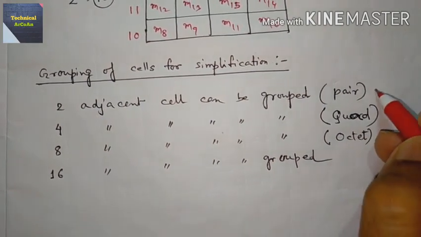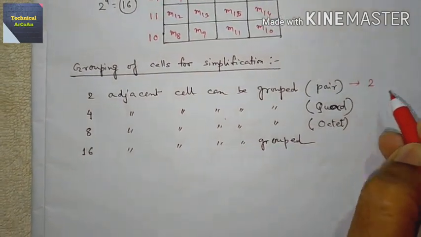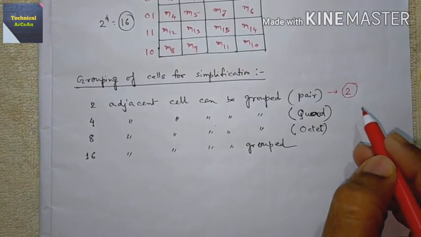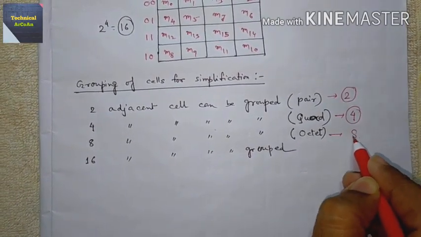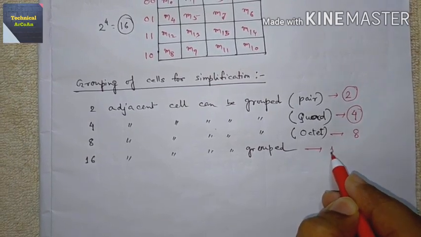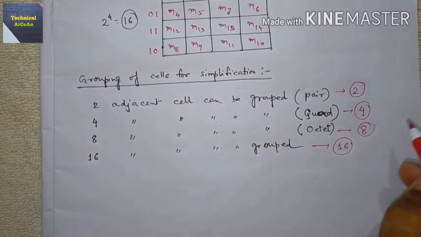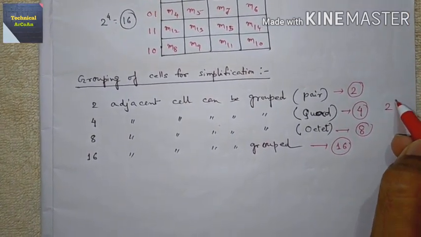Okay. Means in that case 2 cells can be grouped, here 4 cells, here 8 cells, here 16 cells can be grouped, means power of 2. Okay.